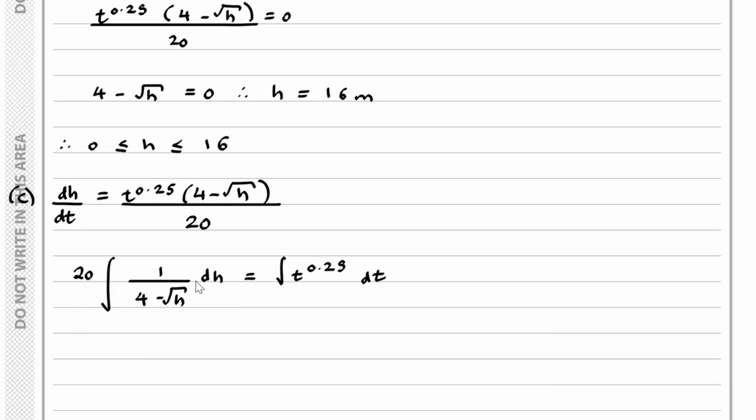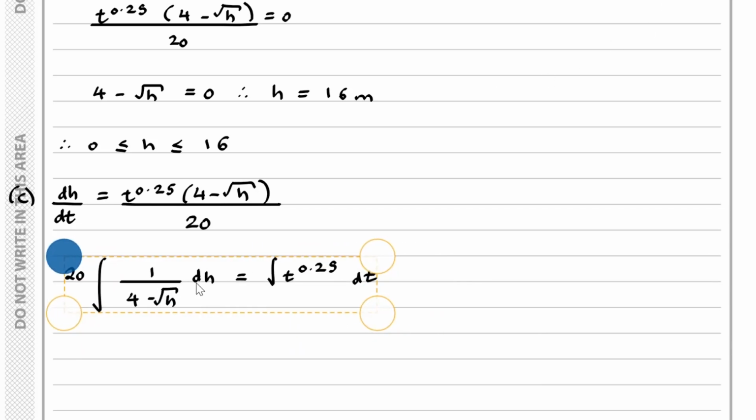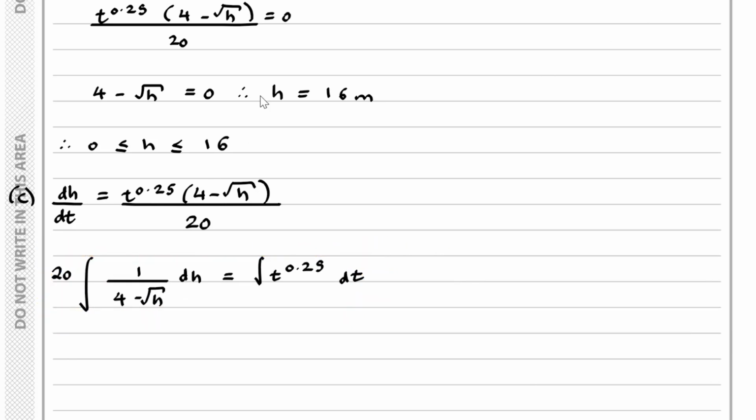So integrating, well, here we have already worked out what that is. We've already worked out what that is. So we have 20 lots of minus 8 times the natural log of the mod of 4 minus square root h, minus 2 times the square root of h.